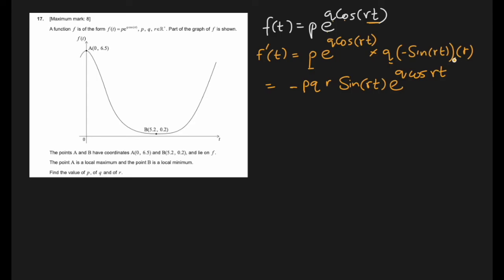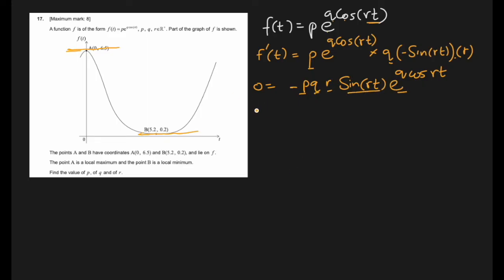Since these 2 points are minimum and maximum, at these points the gradient of the tangent, which is f prime t in this case, is 0. That means this has to be equal to 0. There are 5 parts which are multiplying.